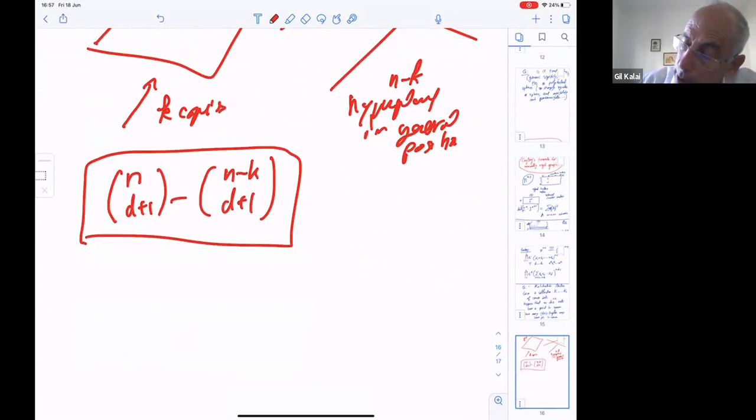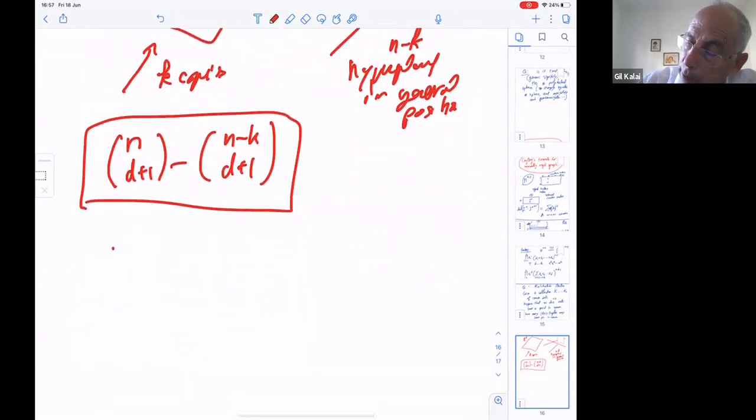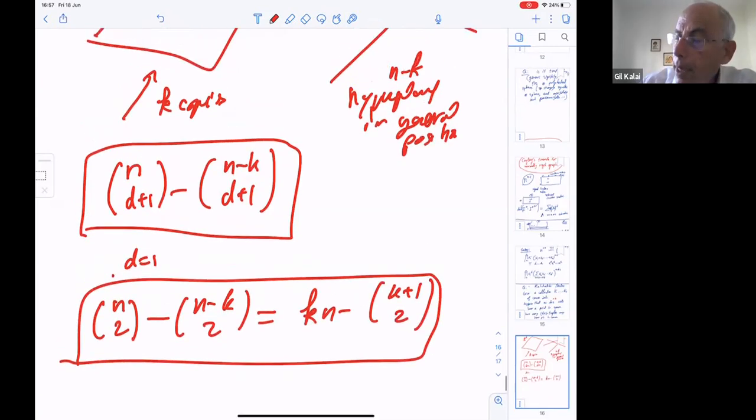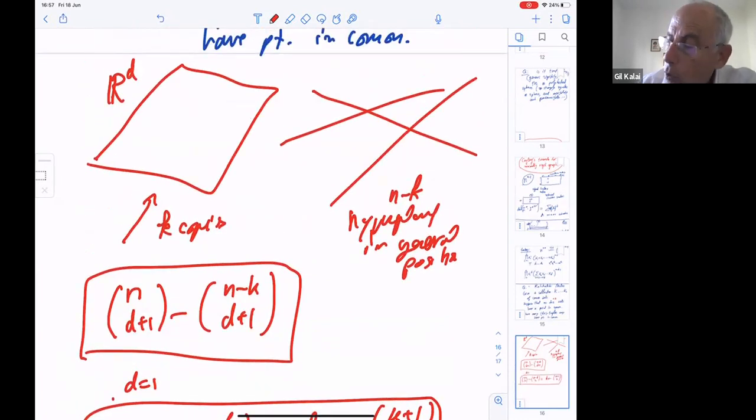These numbers are quite familiar. You remember that if d is equal to 1, then n choose 2 minus n minus k choose 2 is precisely kn minus k plus 1 choose 2. So this is the rank of the rigidity matroid. And indeed, also for this problem, some analog of the rigidity matroid, but not for graphs, but for hypergraphs, plays a role.